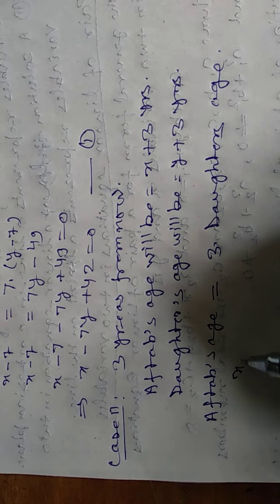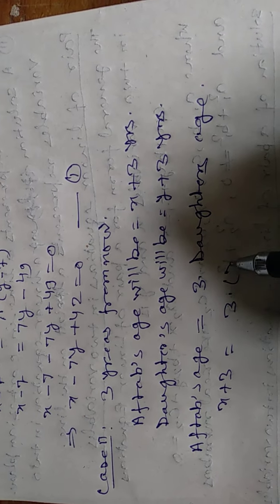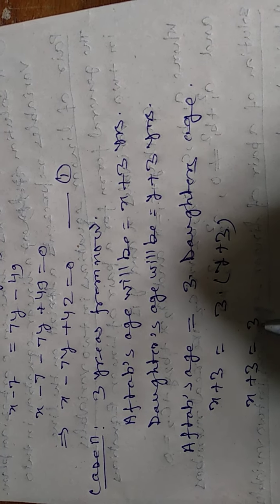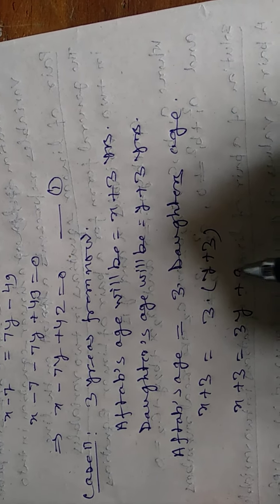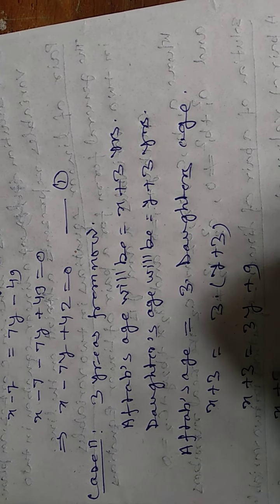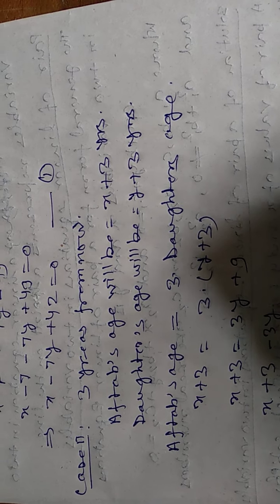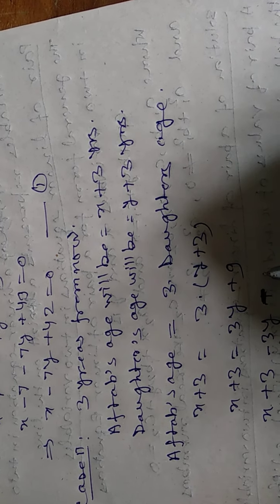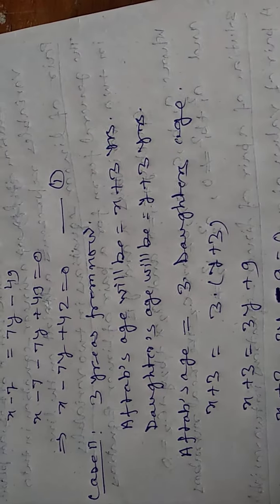Now Aftab is X plus 3, it is equal to 3 into daughter's age, Y plus 3. Now X plus 3 is equal to 3 into Y, 3Y plus 9. Transpose all terms to the left hand side: X plus 3 minus 3Y minus 9 equal to 0.